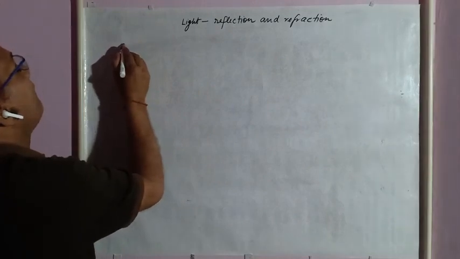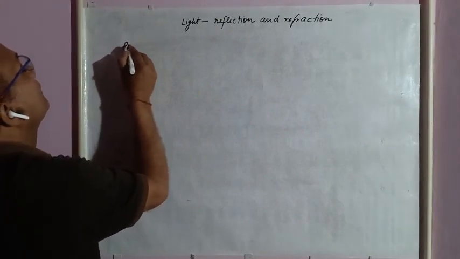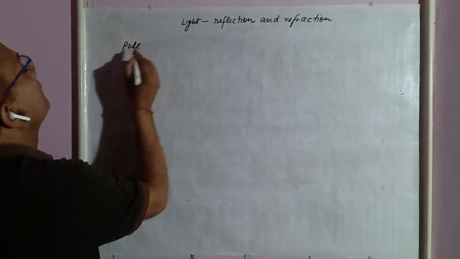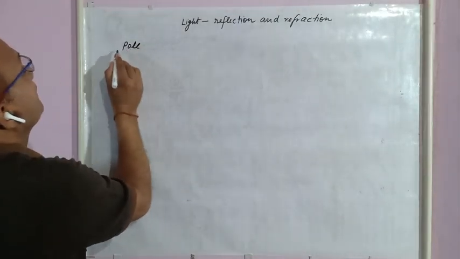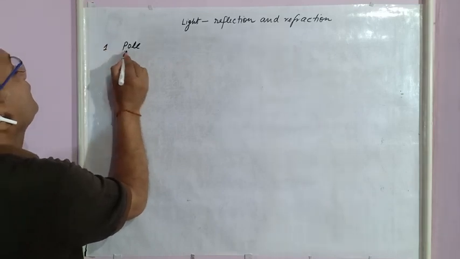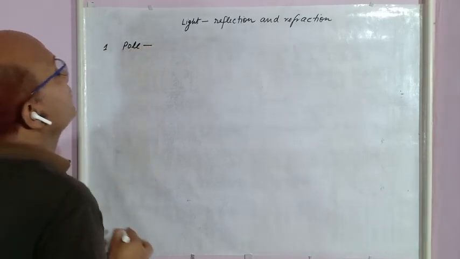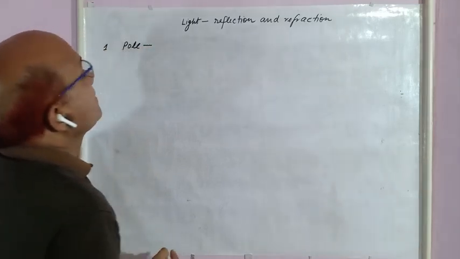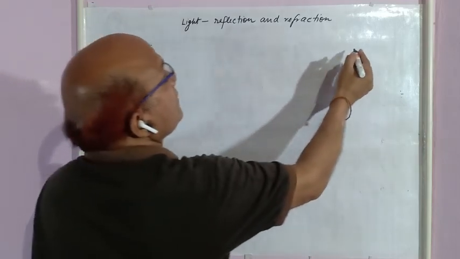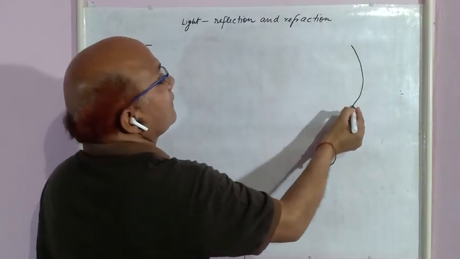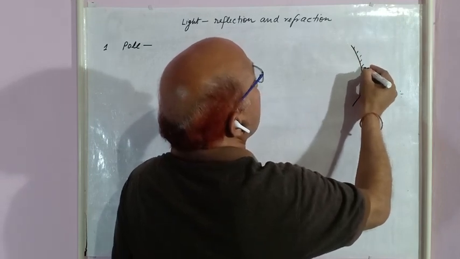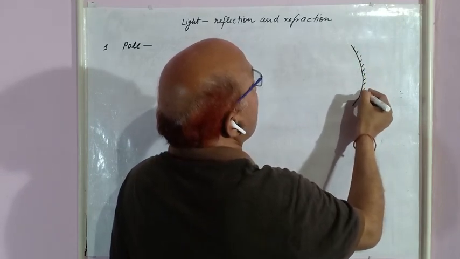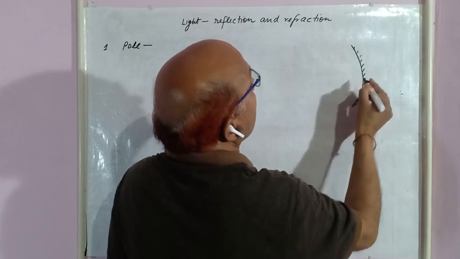Now the term related to spherical mirror, it is pole. What is pole? You can see it is concave mirror.